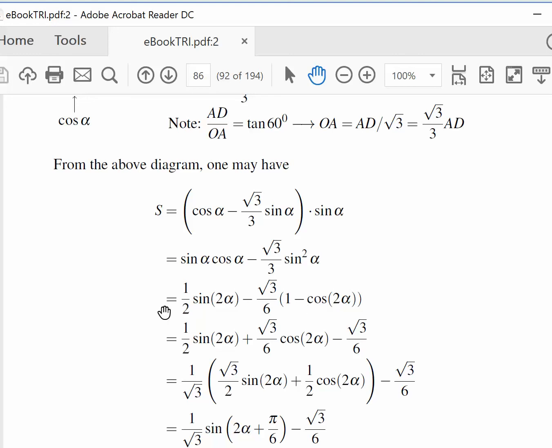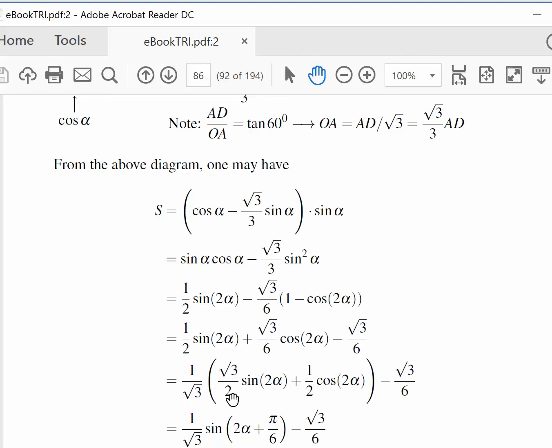Then keep going from here to the one right here. Pull 1 over radical 3 out. Then inside you have that. You may distribute 1 over radical 3 to the first term and second term. You should be able to go back. Details will be left to the reader. Okay.